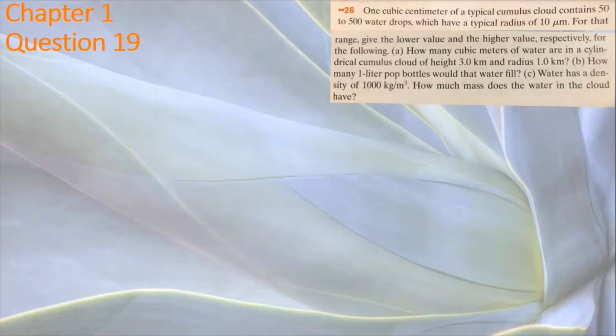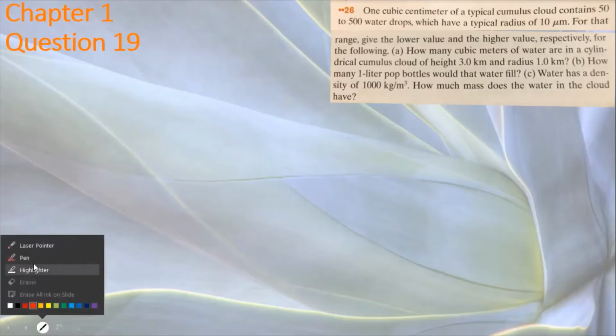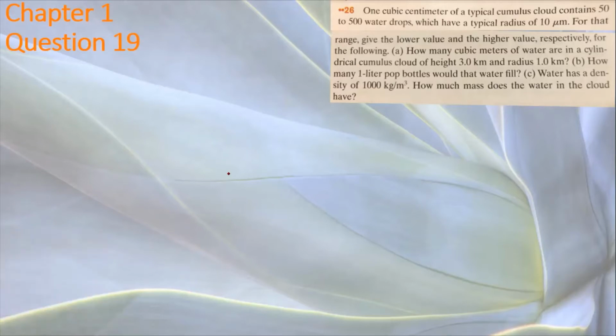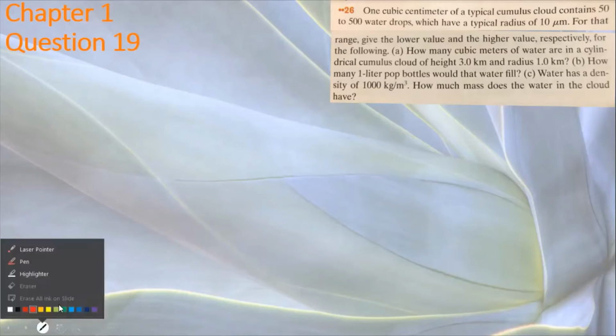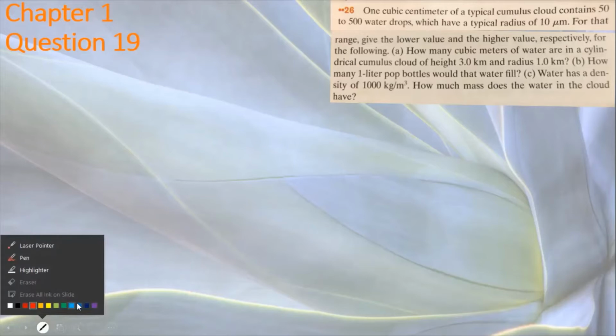So the first pieces of information that we need in order to begin solving this problem are formulas for the volume of a sphere, which is our water droplet, and a cylinder, which is our rain cloud. So we're going to start with the water droplet here, which is a sphere.